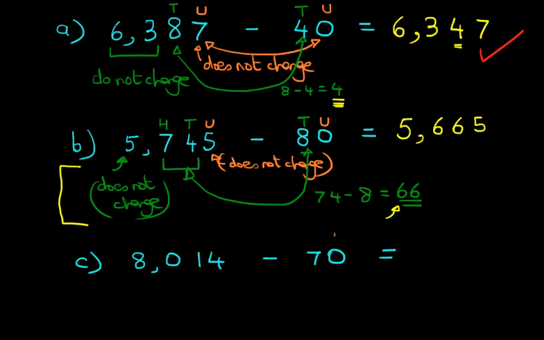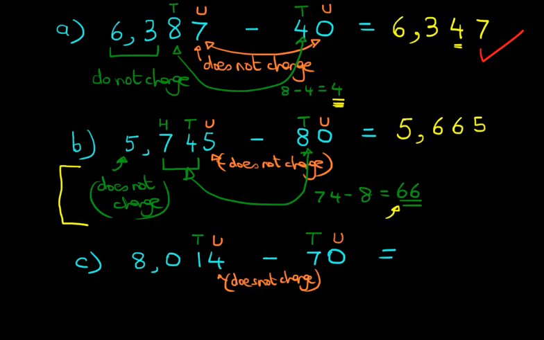Now the same principles. Let's have a look at the units. 4 minus 0. So therefore, the 4 does not change. Now how about the tens? We're subtracting 7 tens. How many have we got on the left hand side? We've got 1. Now 1 minus 7 is something we cannot do.